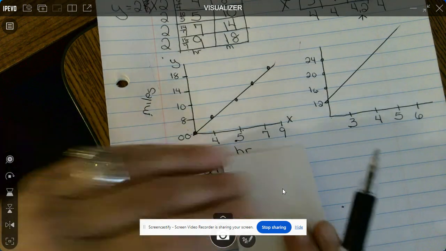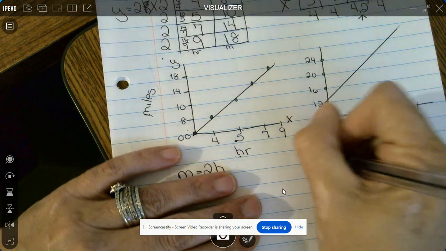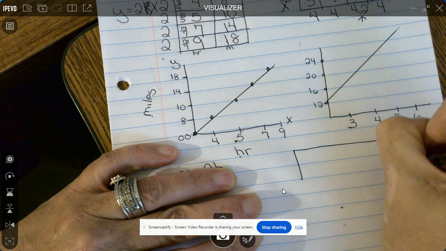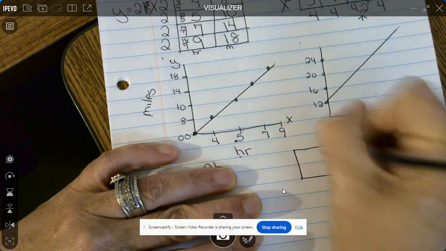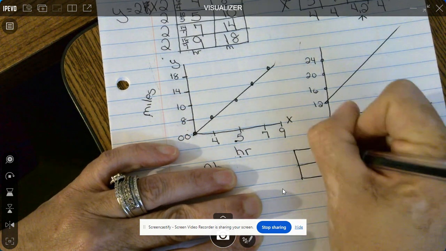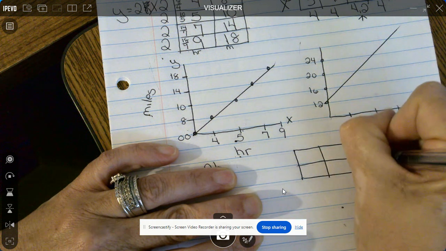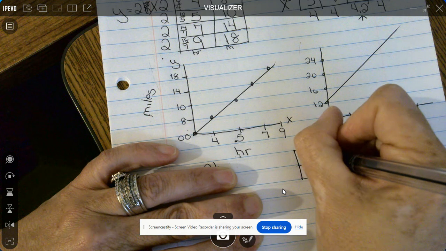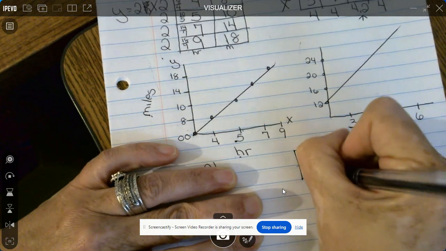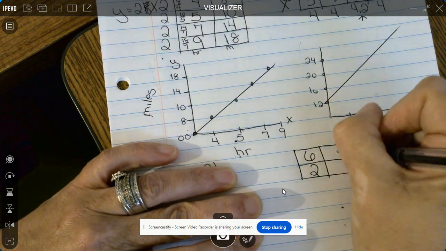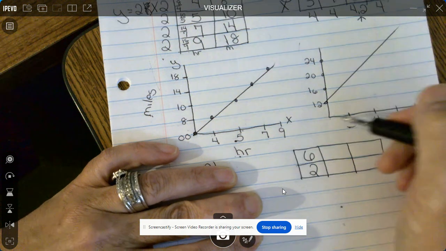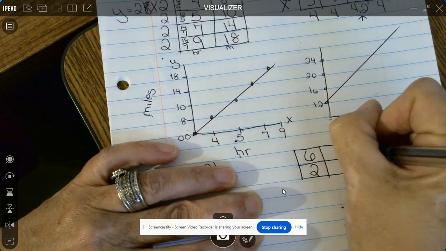All right, you might come across things that look like this. So there's no 0, 0 in that proportion? Yeah, it's not proportional because it's not starting here. It might have a straight line, but it's not starting through here.